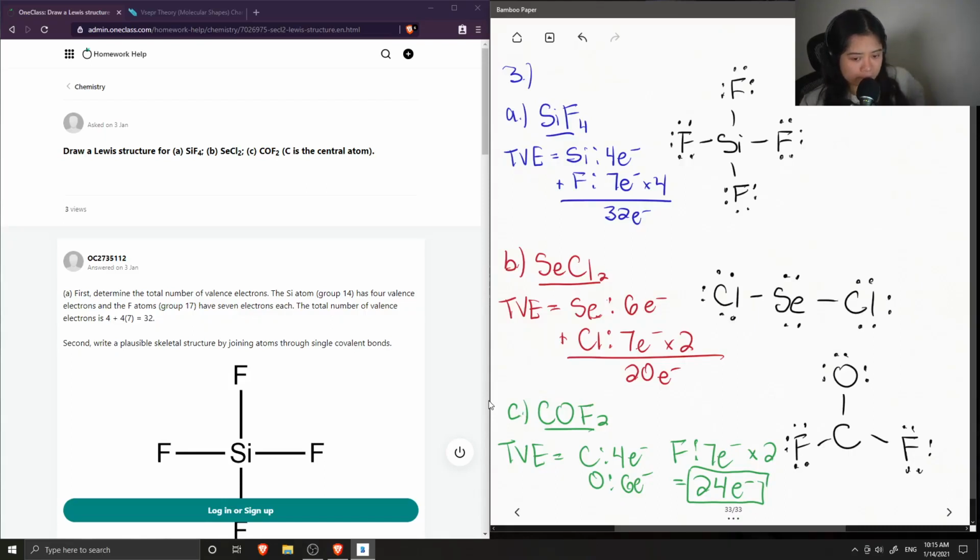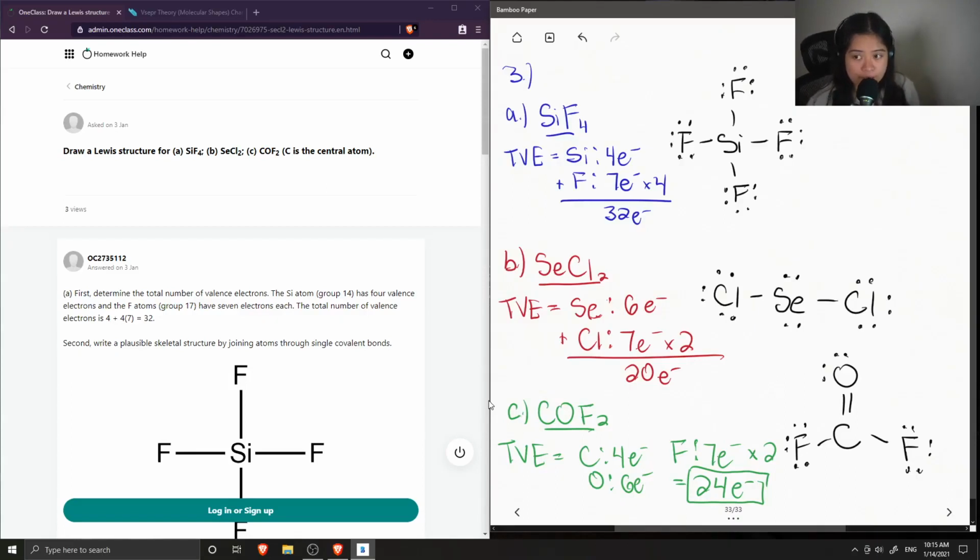Okay, so if we look at this structure, we'll notice that not only does oxygen contain a negative charge, but also our carbon doesn't have a full octet yet. So if I bring these electrons down to form a double bond, then we get the following structure, where carbon has a full octet and oxygen would then be neutral.